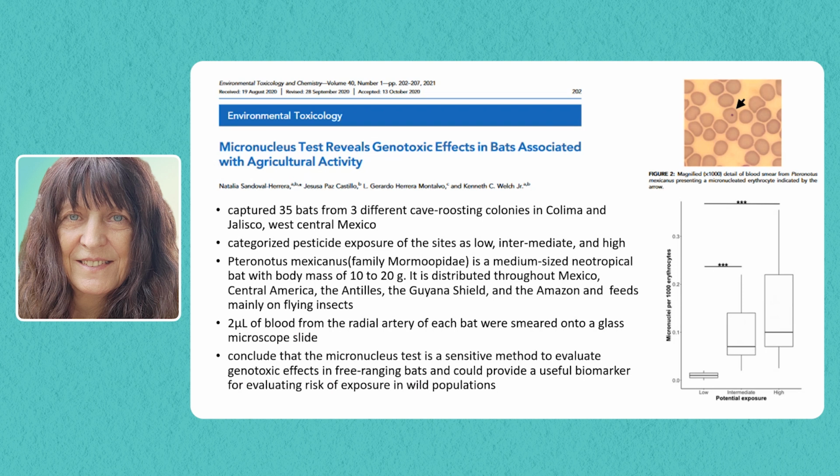They took 2 microliters of blood from them and smeared them on microscope slides and counted them, and they found an increase of micronuclei in the more polluted areas compared to the control area. They say this is also a useful marker for evaluating risk of exposure in wildlife populations.